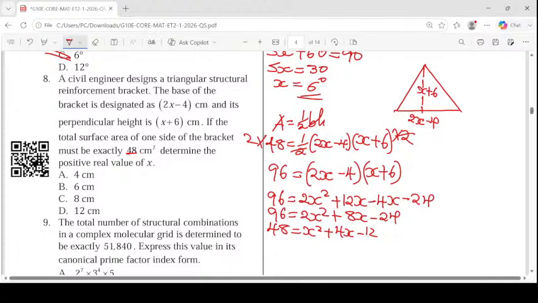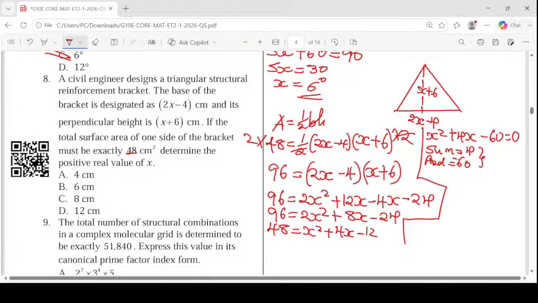Let me see. If I write it as a quadratic, this will be x squared plus 4x minus 12 minus 48, that will be minus 60, is equivalent to 0. So I'm going to look for two numbers such that the sum should be 4 and the product should be negative 60.